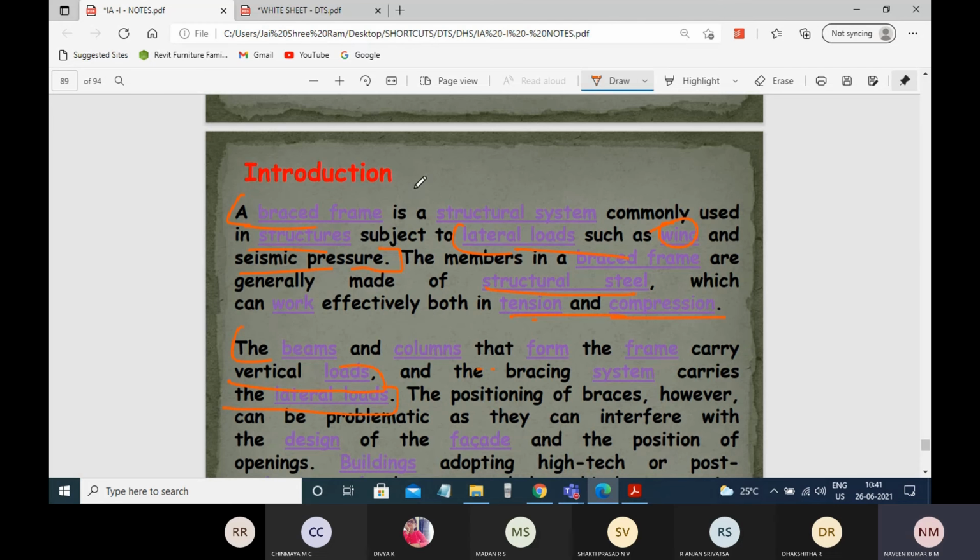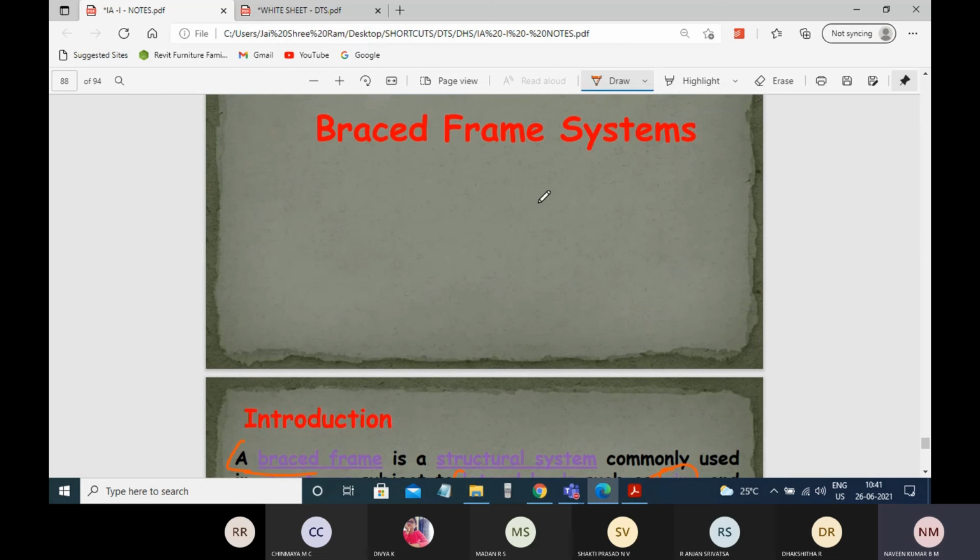So in case of a rigid frame, what will happen? The gravity load acts on the beam and is carried by the columns. Again, the seismic loads will be acting on the frame and will be carried by the same structural members.